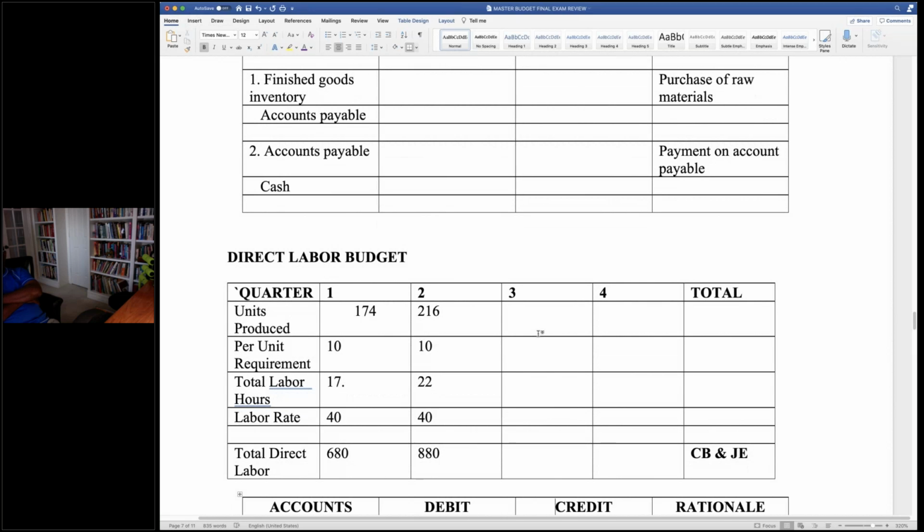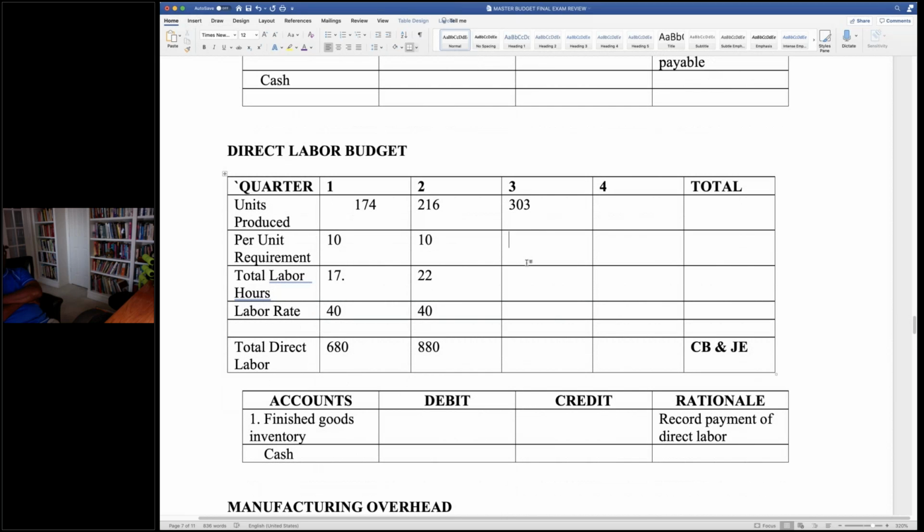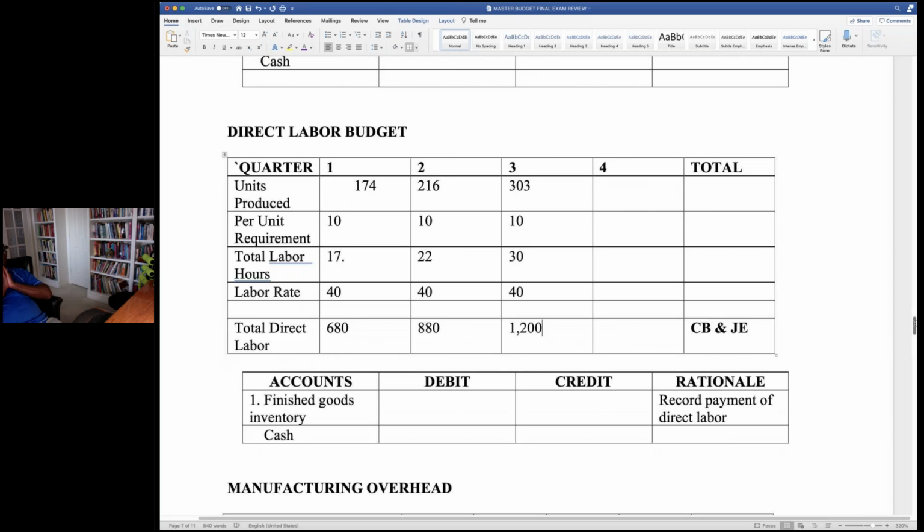So that's gonna be 303, and it's gonna be 30, 40, because I multiplied 30 times 40 to get that 1,200. And then we're gonna go back down, put that on our cash budget again.